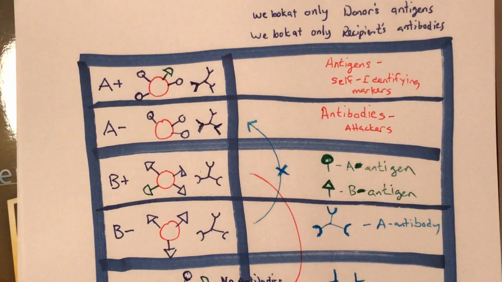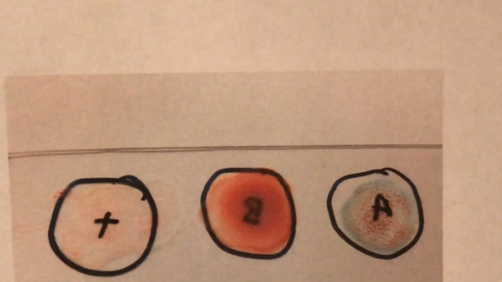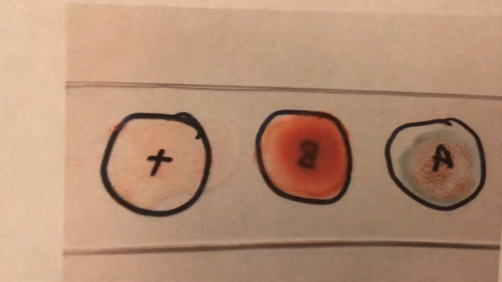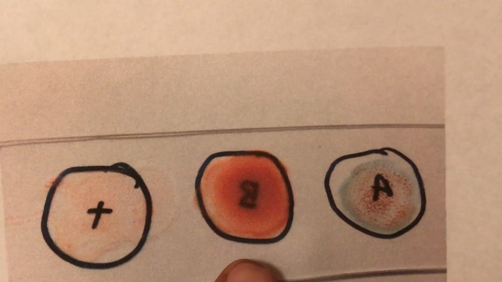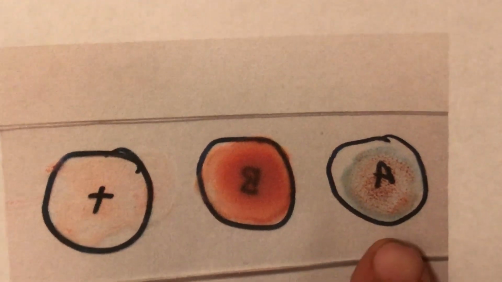If you want to see actual slides, here's an example of an actual slide of actual blood that have 3 different antibodies dropped into their blood. So these two look fairly the same, and this one looks different.